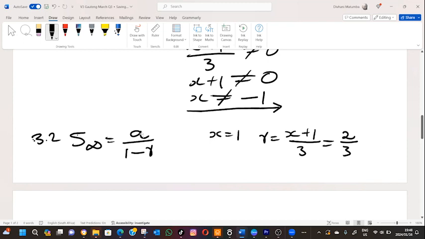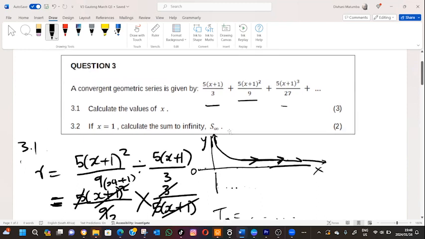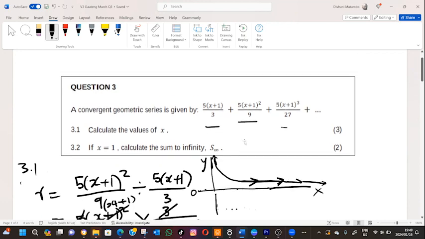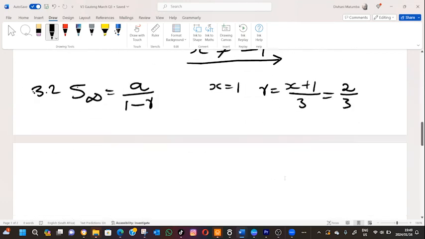And what is the value of a? Now, let us go back to the sequence. Now, the value of a is the first term. Now, your first term is something that we're just going to copy as well.